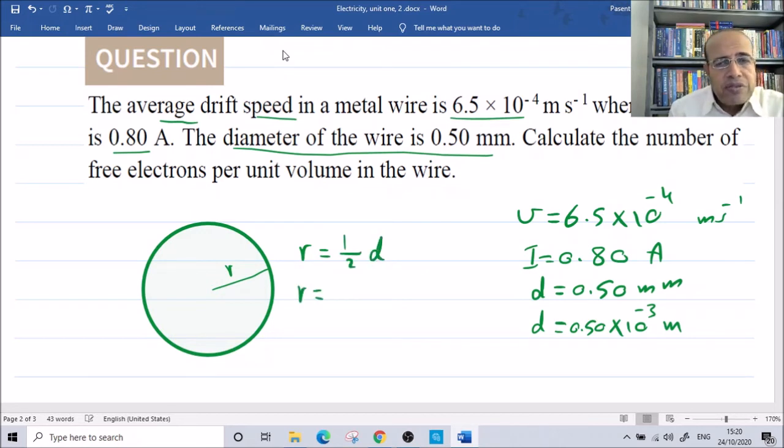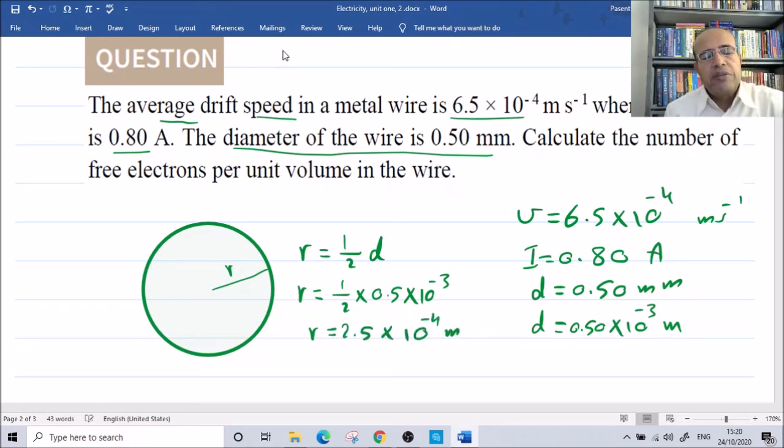So the radius is half multiplied by 0.5 times 10 to the power negative 3. The answer is 2.5 times 10 to the power negative 4 meter.